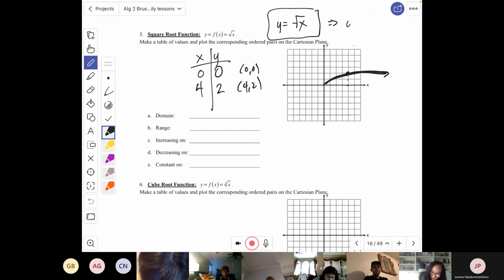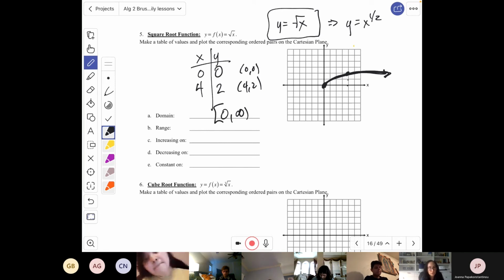All right, so let's talk about the domain of the parent square root function. What is the domain as an interval? Can anybody tell me what the domain is? Is it 0 to infinity? And does it include 0? Yes. So we have to put a closed bracket, right, Christopher?